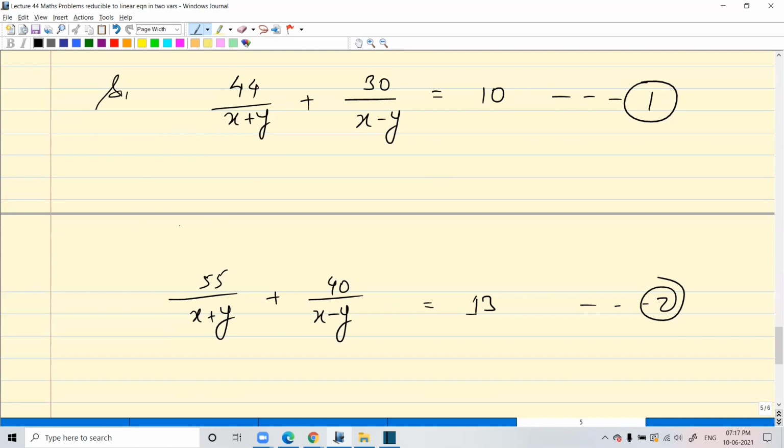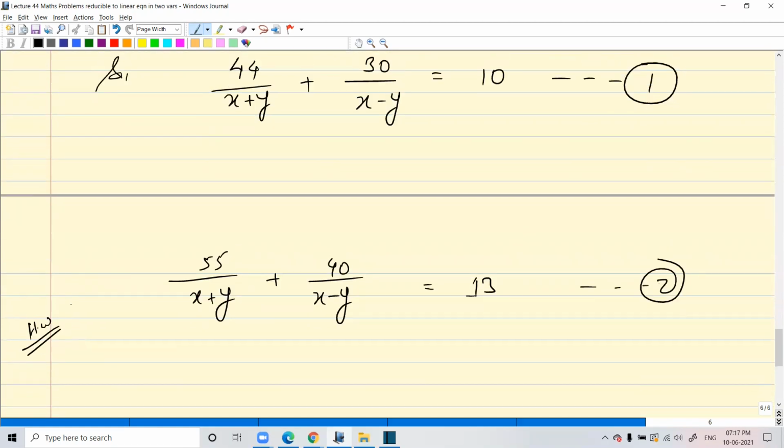Try to apply the same logic which I did today and see if you can solve these two equations to find the value of x and y. That is your homework for today. And everyone has to try this. If I see anyone has not tried this, please don't come to the class tomorrow. This I want everyone to try. You have to try solving.